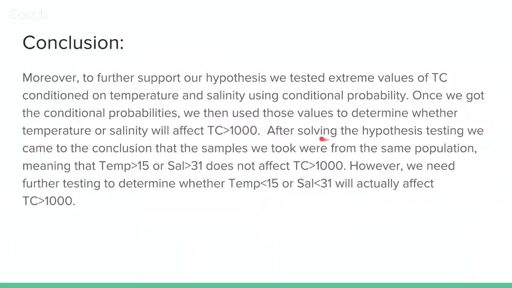So after solving for the hypothesis, we came to the conclusion that the samples were taken from the same population, meaning that temperature greater than 15 or salinity being greater than 31 does not affect TC being greater than 1,000. However, we need further testing to determine whether temperature being less than 15 or salinity less than 31 will actually affect TC being greater than 1,000.